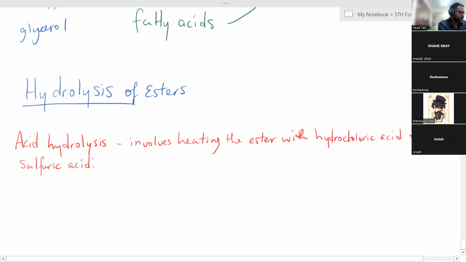All right. So the acid is the catalyst. Remember, water is the real thing that is doing the job. The products are an alkanoic acid and an alcohol.